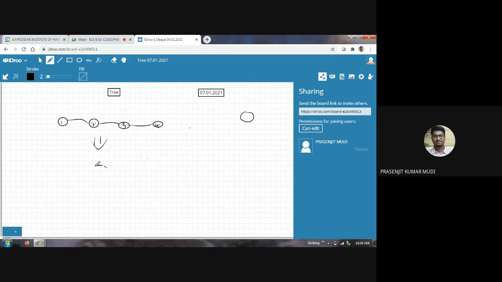I'm bringing the point labeled 2 here, connected to 1, and it is connected to 3, and then 3 is connected to 4. Pictorially it represents a linear thing, but it may not be linear if we understand tree.